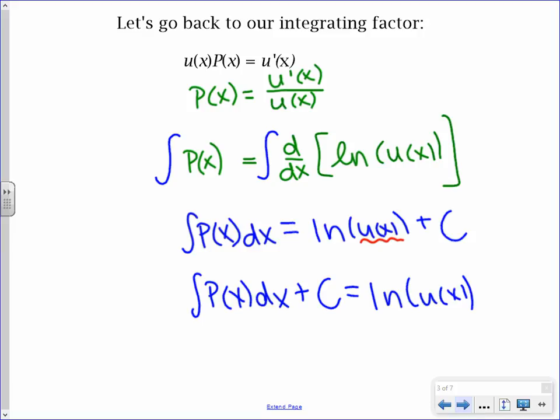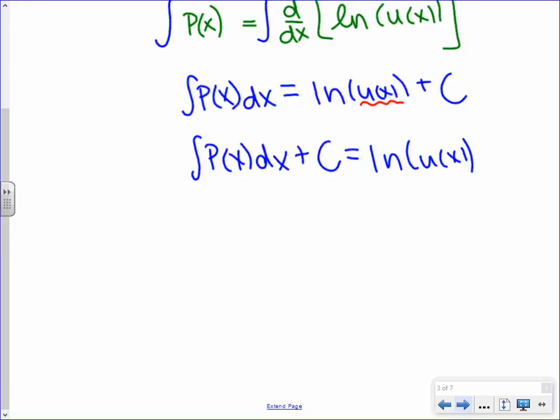It's a constant, so you can say minus c, you can say plus c, it doesn't matter, right? And then we can solve by rewriting this e to the left side equals u of x.